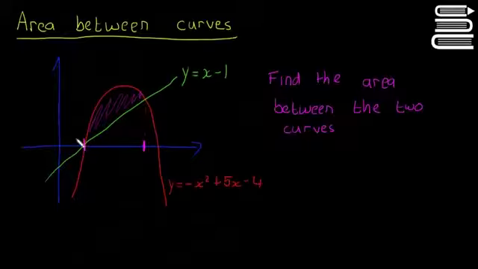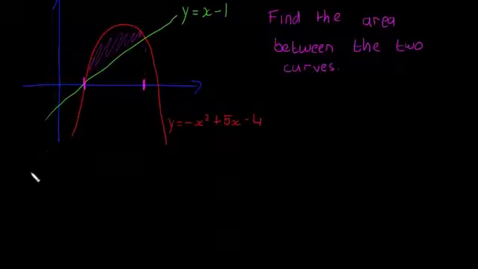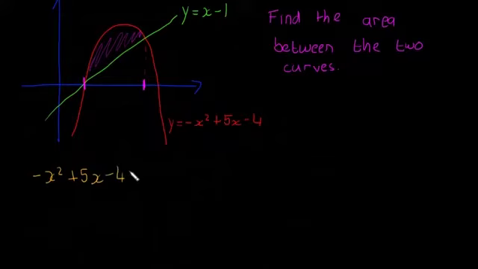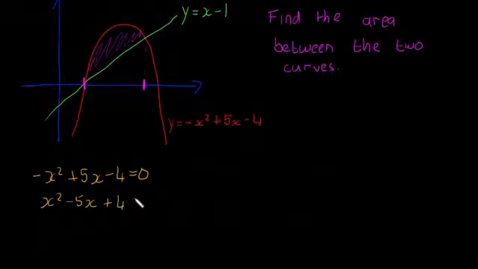So like I said, we're going to do this by solving the quadratic. So I'll go to orange and I'll solve this quadratic. It's going to be minus x squared plus 5x minus 4 is equal to 0. I'm just going to multiply everything by minus 1, so change that to x squared minus 5x plus 4 is equal to 0. Then I'm going to put the brackets in.